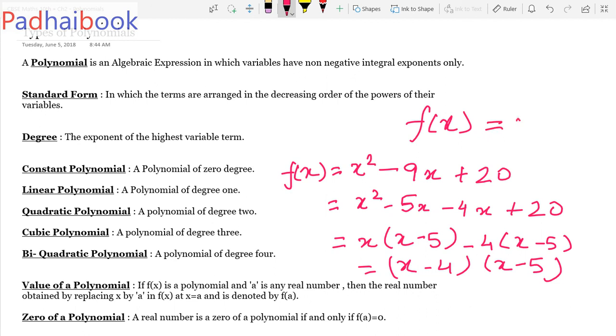So f of x should be equal to 0. Where does it actually become 0? When the value of x is either 4 or 5. Because if either of these factors becomes 0, then the f of x value will become 0.